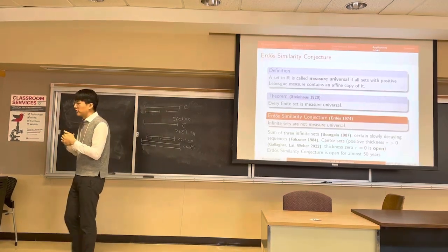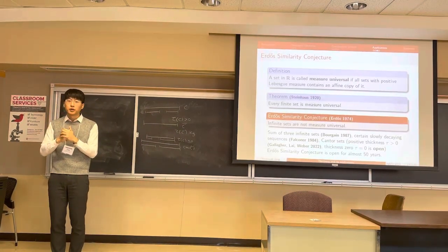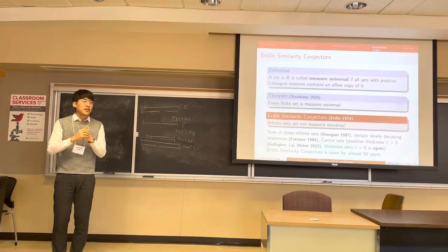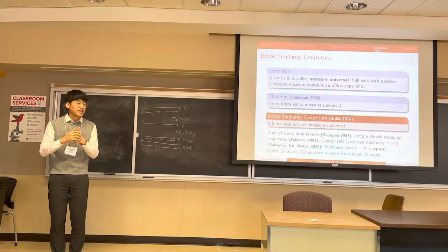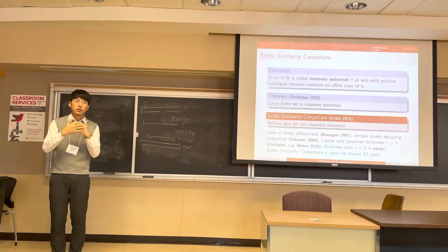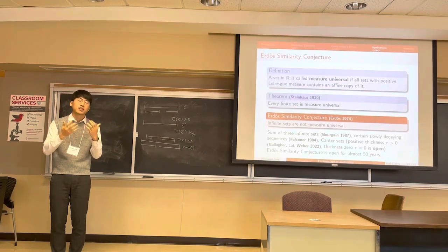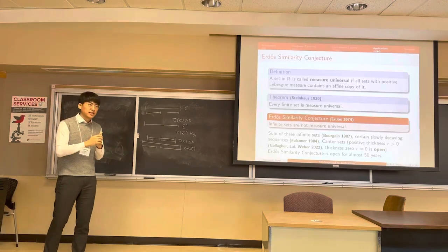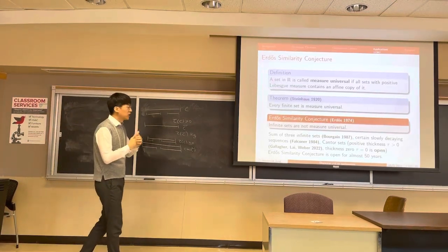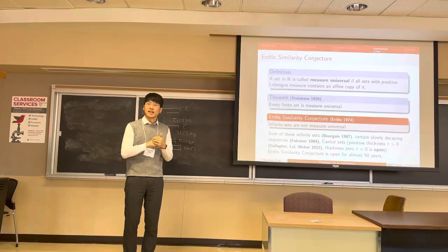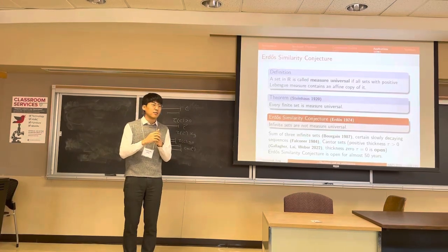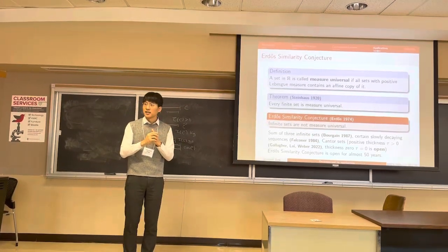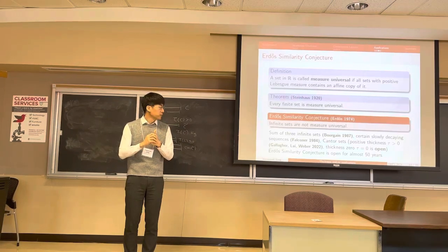Based on this observation, Erdős conjectured in 1974 that no infinite set is measure universal. So in a sense, they're too big to be a universal pattern within all positive Lebesgue measure sets. And there has been a lot of interesting progress on this conjecture. For example, Bourgain proved in 1987 that if an infinite set can be expressed as a sum of three infinite sets, then it's guaranteed to not be measure universal.